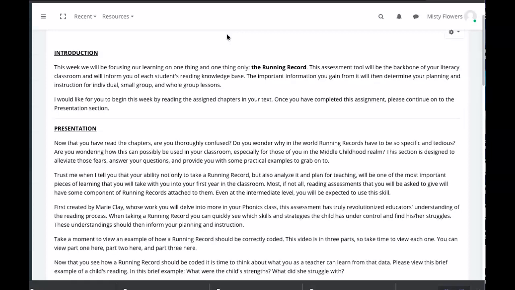Now, for each incorrect attempt or self-correction, the letters MSV are all three written in the error column and the self-correction column as appropriate. If meaning influenced the error, the M is circled. If structure influenced the error, S is circled.